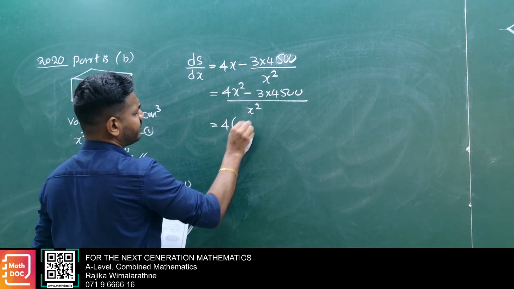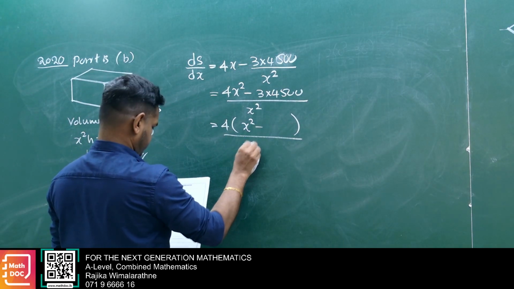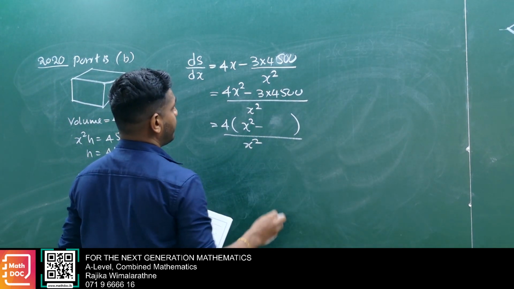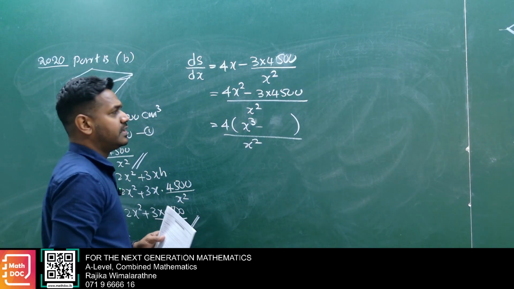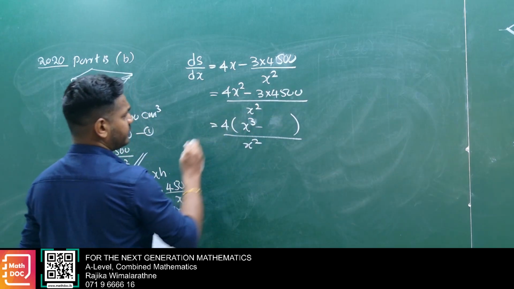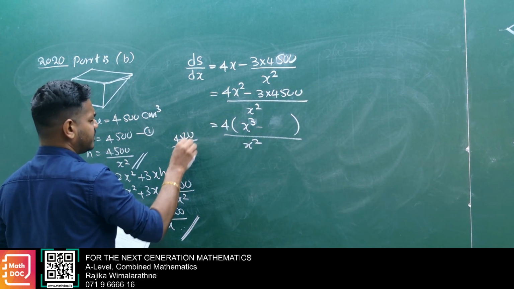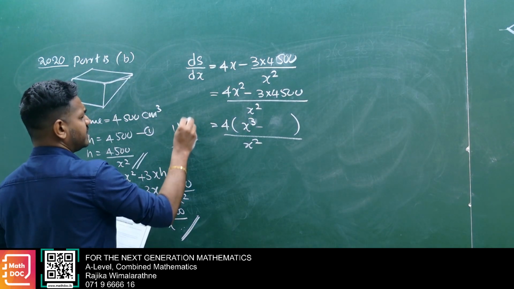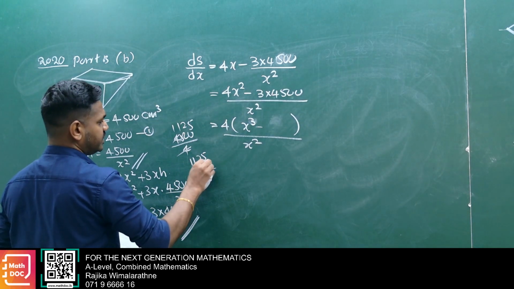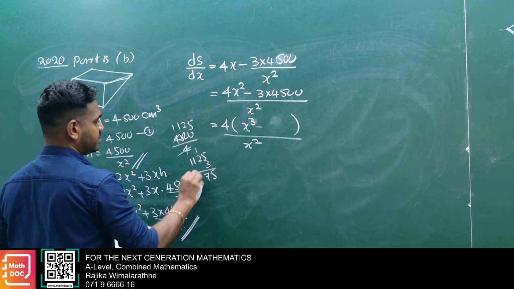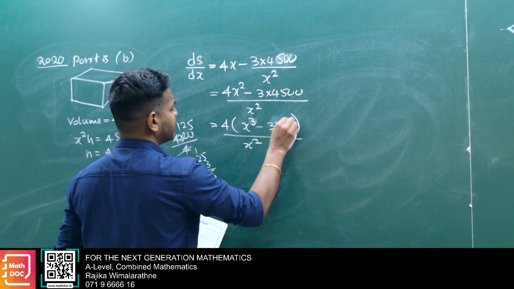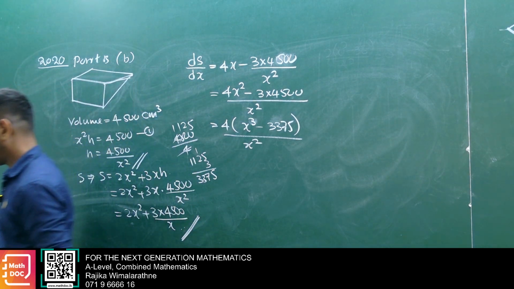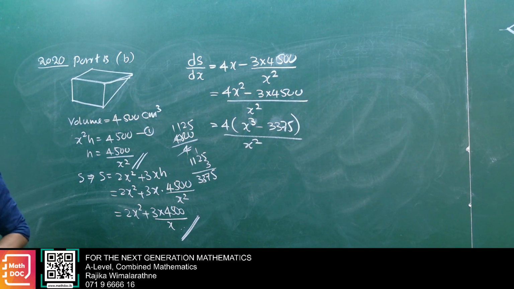Take 4 outside, giving x cubed minus 4500 divided by 4, which is 125 times 3, 3375. The answers are given here.